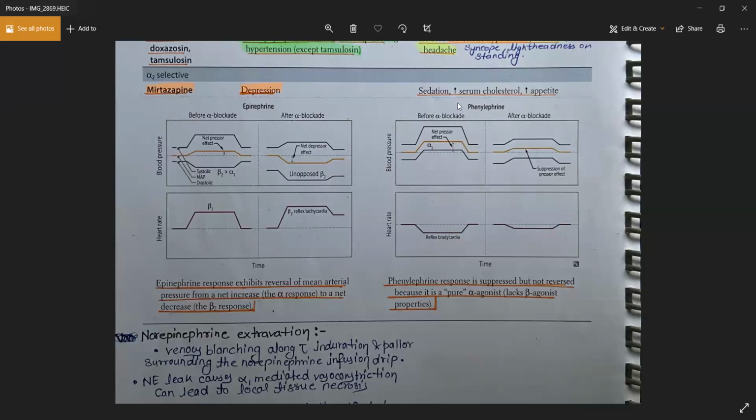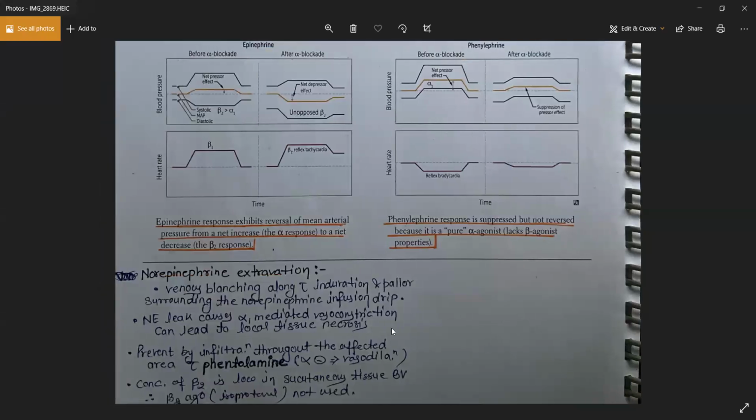So the alpha effect is now gone, and the patient will get a slight increase in systolic and diastolic pressure, a slight increase in the mean arterial pressure, and a very slight reflex bradycardia. So remember these things. Because this is a pure alpha agonist with no beta activity, by inhibiting the alpha receptors, all of the effects of phenylephrine would be gone.